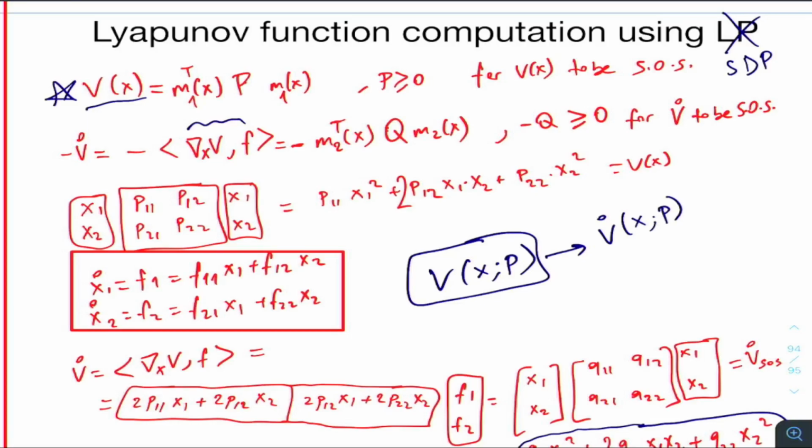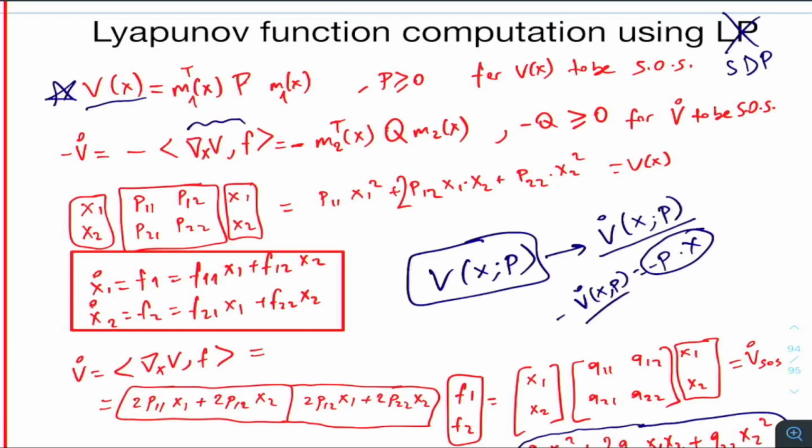However, you just computed v dot, and you have, for example, v dot equals, let me just write this way, p times x, let's say, okay, this will be the simplest case, right? P dot x, okay, and for your v dot or minus v dot to be SOS, this term must be SOS.